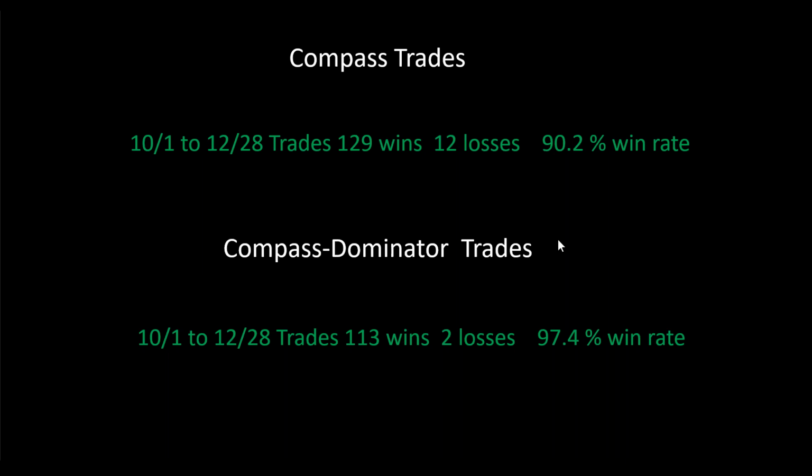Then when I had that particular setup, both of those together, then we did 113 wins and 2 losses, 97.4% win rate. So this is an extraordinarily high probability setup when you get these. Now, they don't happen all the time. A lot of times the market internals or the Dominator will be pretty neutral during the day. But once you get it to either the bullish or bearish, and it agrees with the Compass system, this is what I got for win rate.